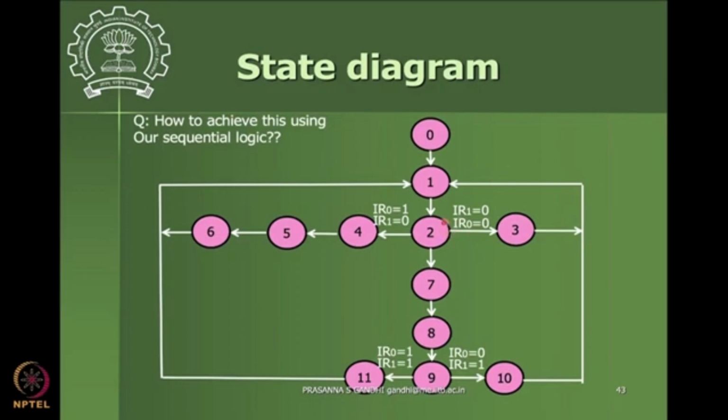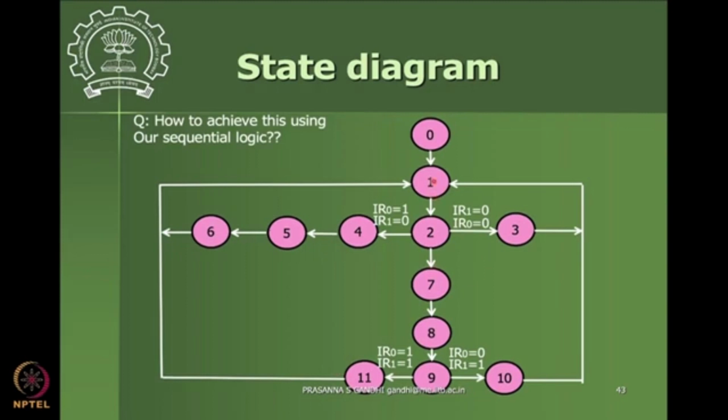Okay, so when IR is this, from 2 you go to 3. Otherwise, if IR is something else, you go through these different states. Then again you have some kind of a way. This is how you get this sequential logic diagram done, and then you can execute this logic by using your D flip-flops.